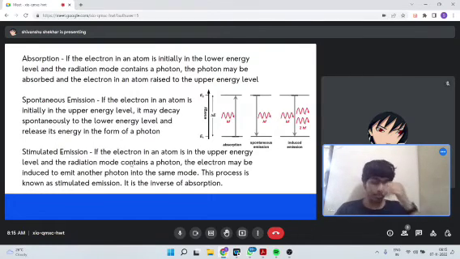And then comes stimulated emission, which is one of the more interesting phenomena, wherein light of a certain frequency is thrown at an electron in an excited state. When this is absorbed, it will release two photons. Unlike the spontaneous emission case, this is more of an induced emission, wherein you're forcing it to happen.